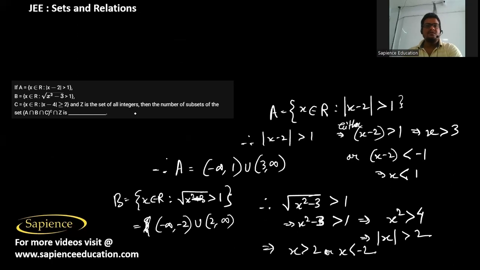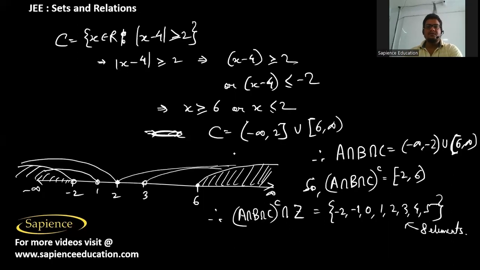And then we need to find the number of subsets of this set. So the number of subsets of this set will obviously be equal to 2 power 8, since it has 8 elements. So that will be equal to 4 power 4.